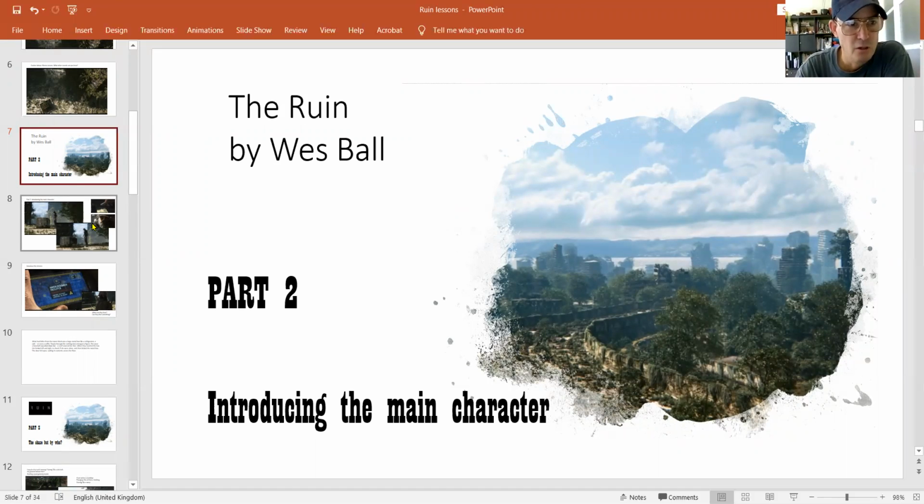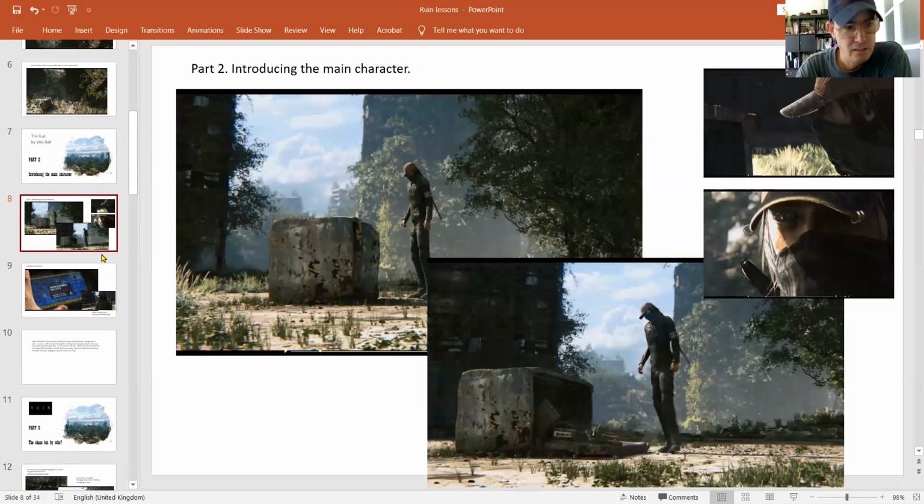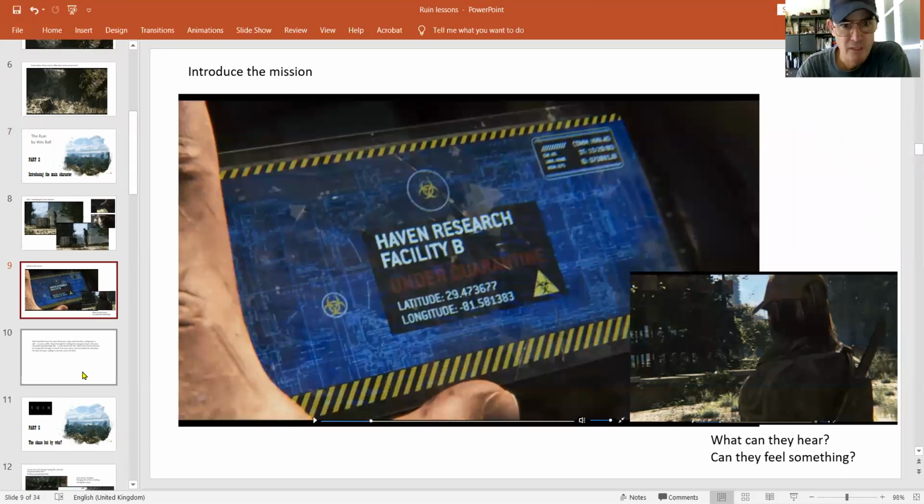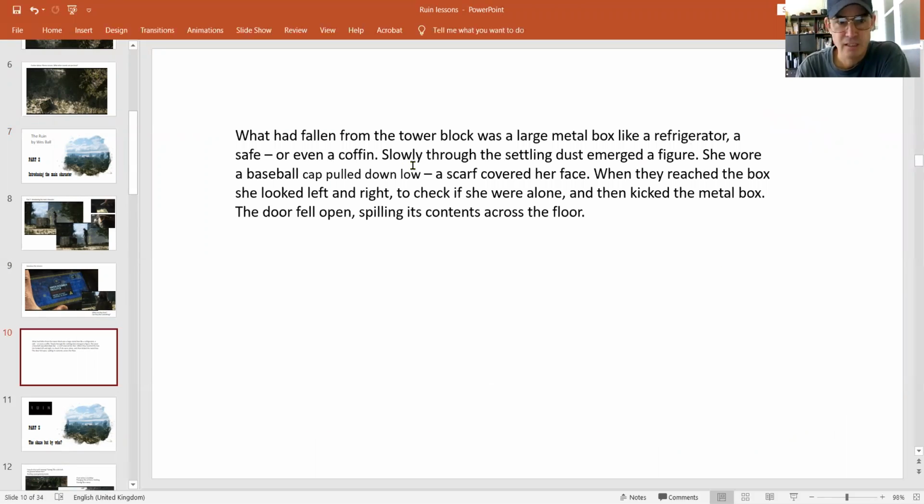Okay, so we were introduced to the main character, the box came out of the floor, something going on, and this is what we wrote last time, wasn't it? And it says, what had fallen from the tower was a large metal box like a refrigerator, a safe, or even a coffin. I just had a little issue here. Do I want to use or, which is the little conjunction, or do I want to use the hyphen? They're doing the same job there, really.